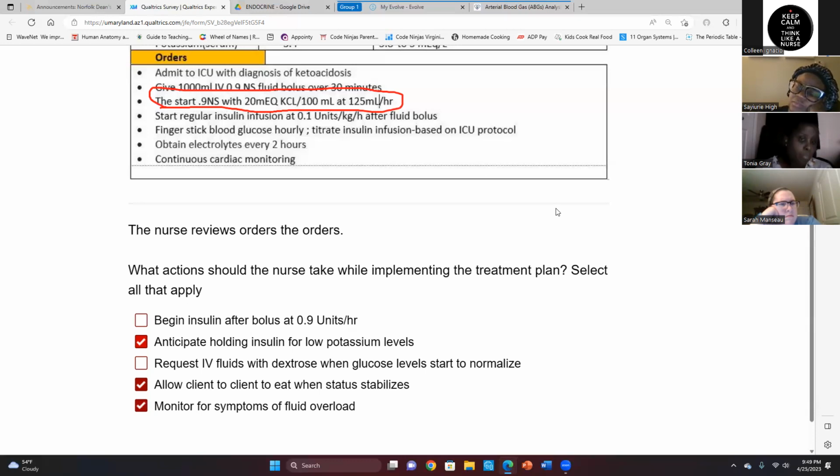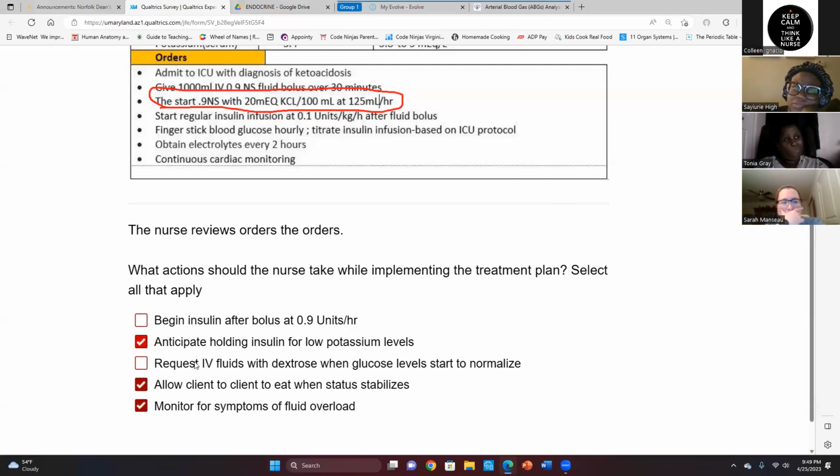So if right now the patient has a potassium of 3.4, we're going to continue with the treatment, because the problem is if the potassium gets too low, now we're concerned about their heart and them going into cardiac dysrhythmia. And that's something we don't want to add to the complications for this patient, if that makes sense. So that's saying keep an eye out. If it gets too low, then you're going to stop the insulin. Yes, anticipate holding the insulin, okay?